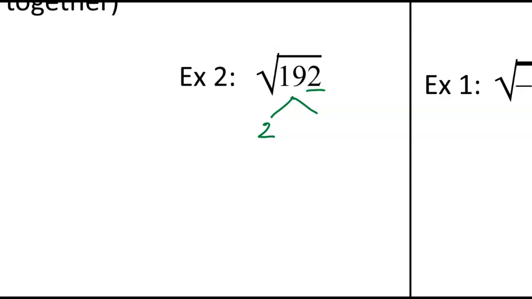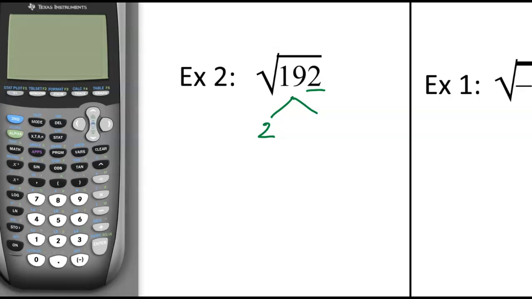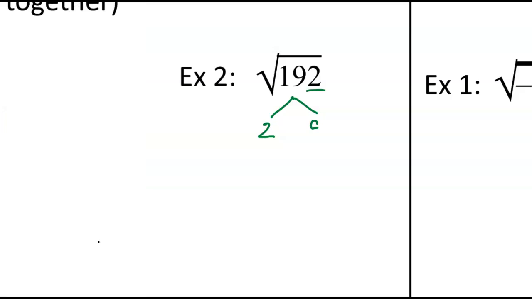That's the question. 96. And you will have access to a calculator for this whole unit. So if you don't know, you can divide in your calculator. You can divide 192 by 2, and you get 96. We factored 192, we cross it out.